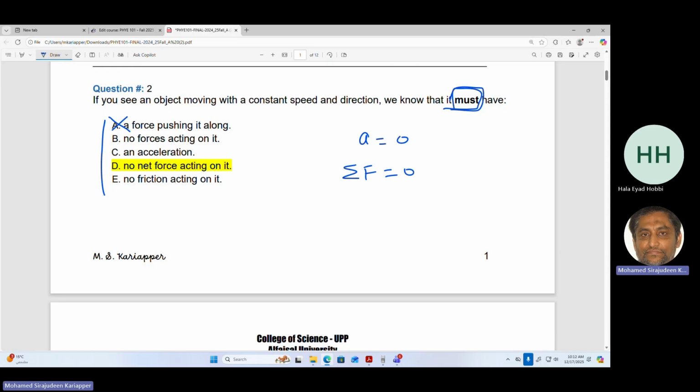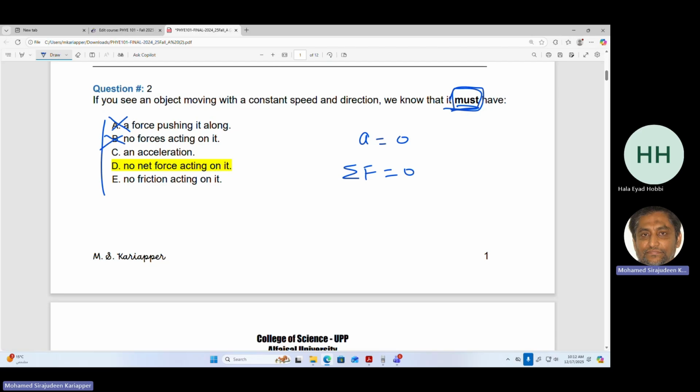So that's why this is not strictly correct, because it says must. We can have a situation where there are more than one force acting on it, and the net force is equal to zero. Therefore, it can have a constant velocity. So that's why this is wrong.